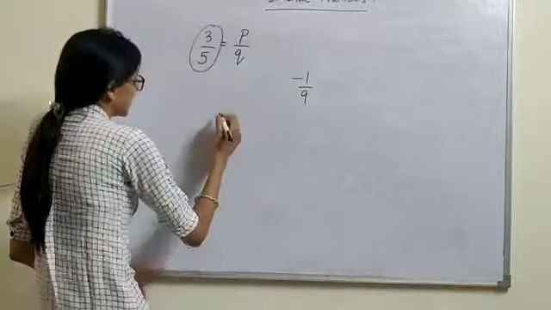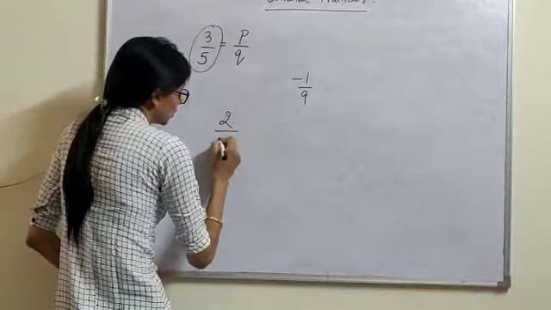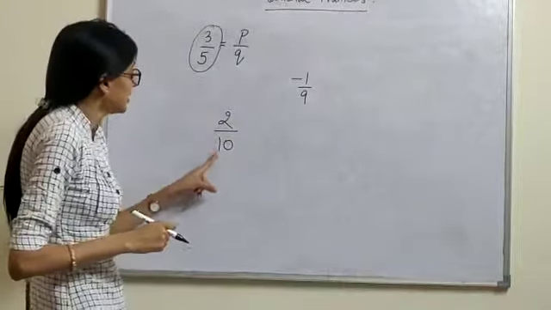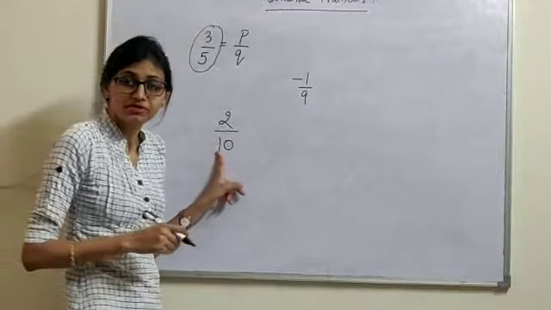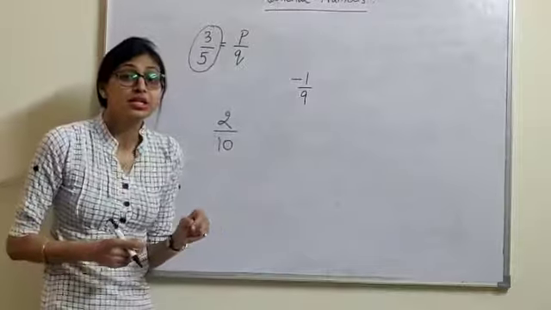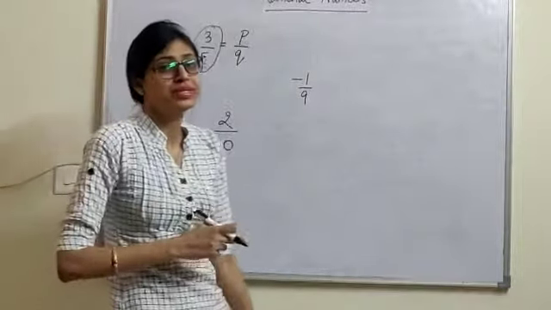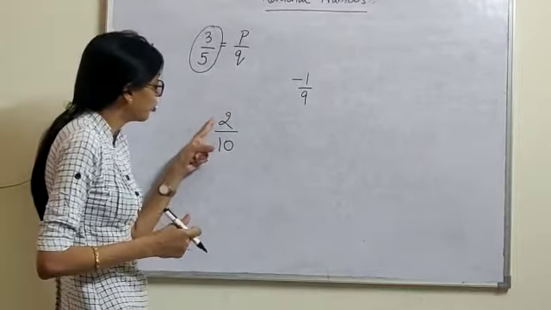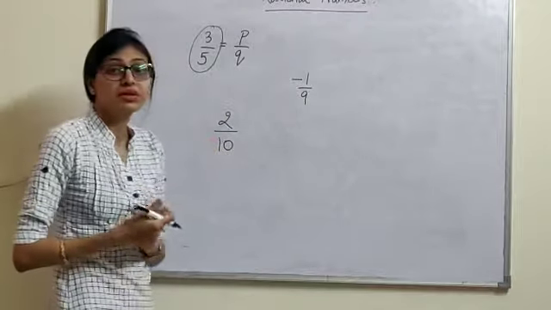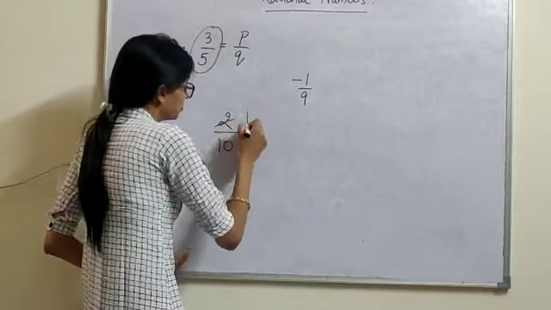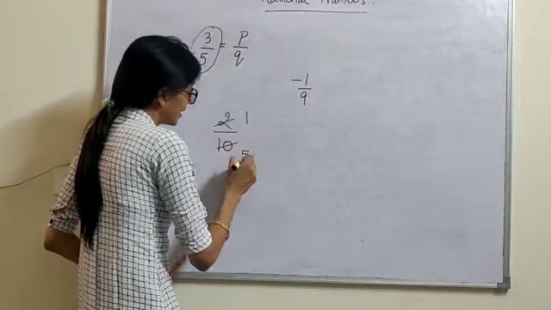Okay. Now we take another rational number, 2 by 10. Here the denominator is positive, the first condition is satisfied. Now the second condition is that only 1 should be the common factor. But here you can see that both the numbers come in the table of 2. 2 1s are 2, 2 5s are 10.